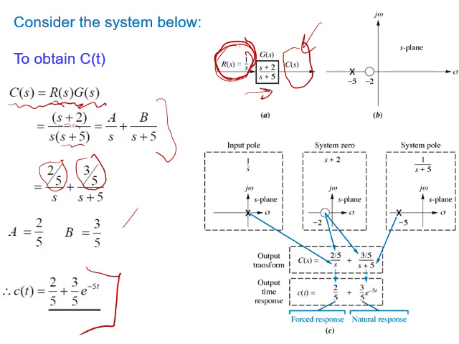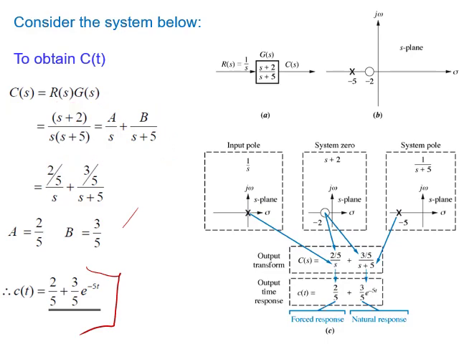He showed the system and the representation of the system on the s-plane, showing that the system has zeros and poles. If I consider this point, this is the input, 1 over s, this is the zero, and this is the pole.